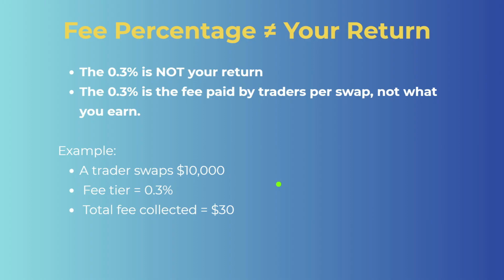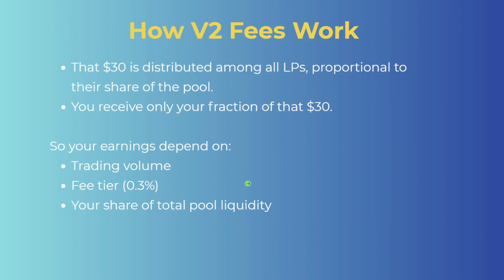For example, if a trader swaps $10,000 and there is a fee tier of 0.3%, the total fee collected is $30. That $30 is distributed among all liquidity providers, according, of course, to the share that they have in the pool, and we only receive a fraction of that $30.